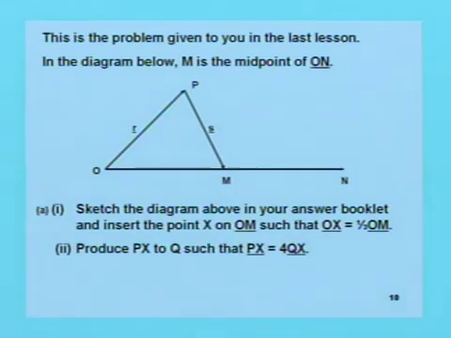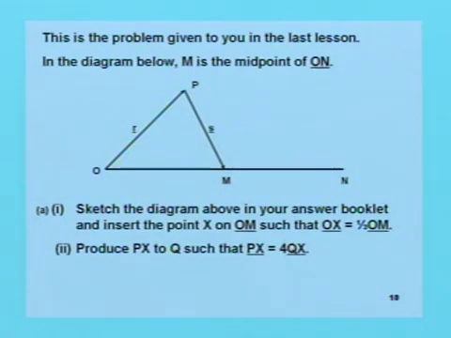Let me read that for you again. Sketch the diagram above in your answer booklet and insert the point X on vector OM such that vector OX is equal to half vector OM.